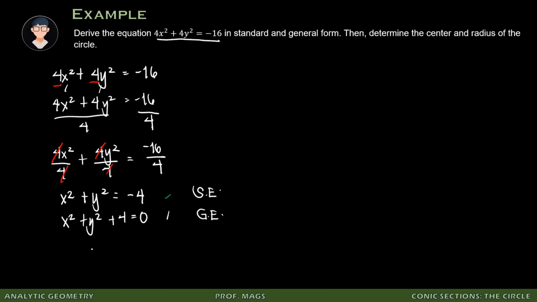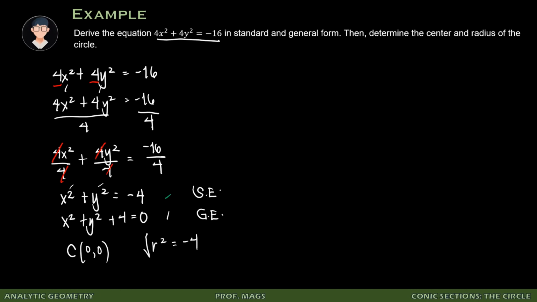Our center here, since wala tayong h value and k value, our center is at the origin, and yung radius natin, r squared, that is equal to -4. If you're going to recall, yung nasa right side, that is equal to r squared.